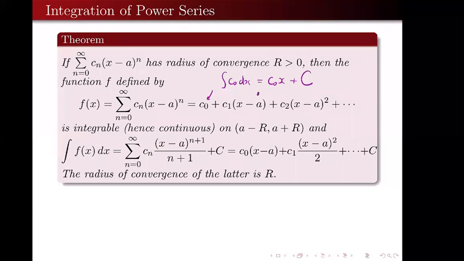Or, this is equal to c sub 0 times x minus a plus some arbitrary constant there. And look at this. If you multiply c sub 0 with negative a, it's just another constant. So you can bring it to this original plus c here.